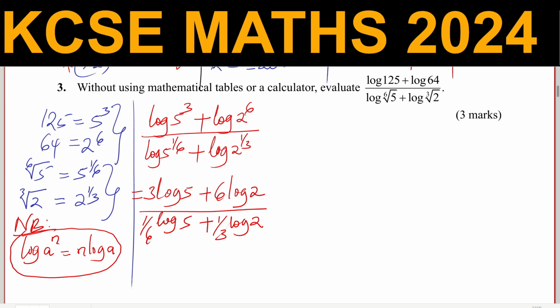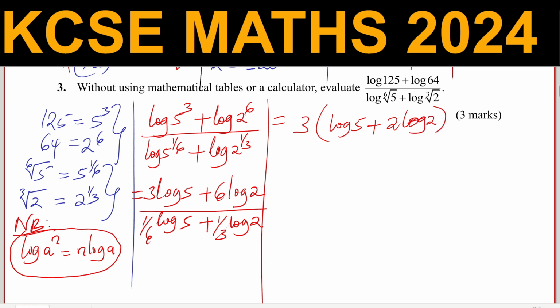Now once you've done that, just look at the numerator and the denominator and see what you can factor out. When I look at the numerator, I can factor out 3, and you remain with logarithm of 5. 3 is common in both of those terms. Then plus this will be 2 logarithm of 2.